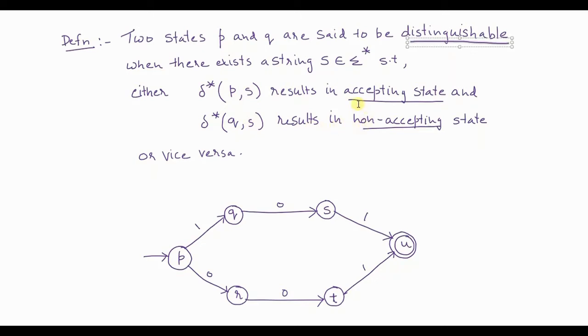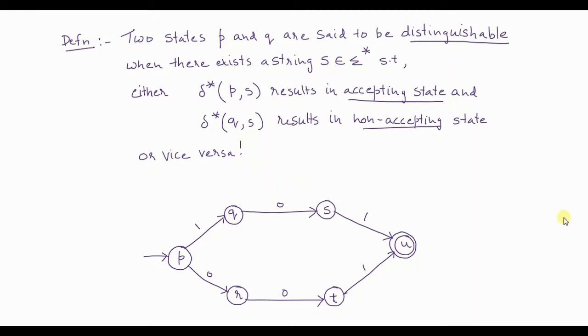That means one gives you an accepting state and the other gives you a non-accepting state, or vice versa. Then P and Q are called distinguishable to each other.